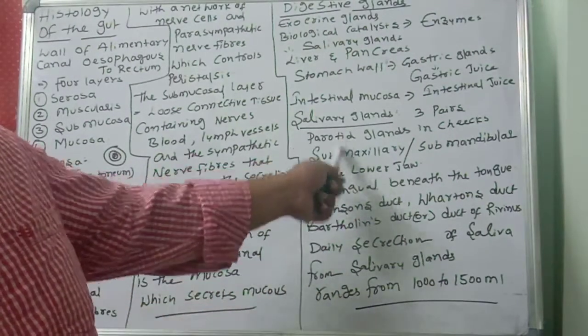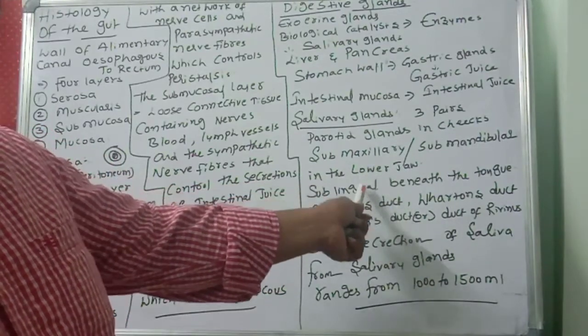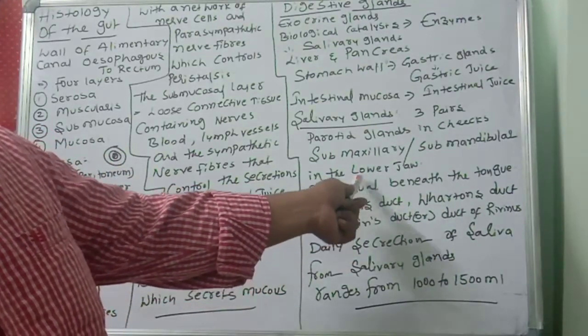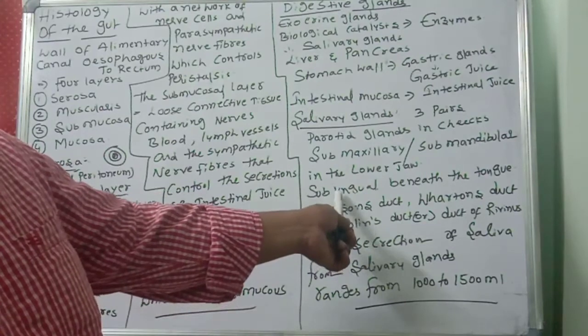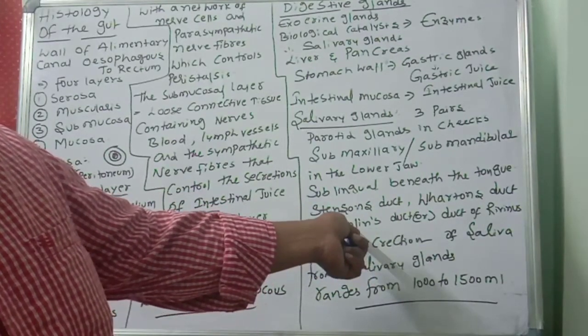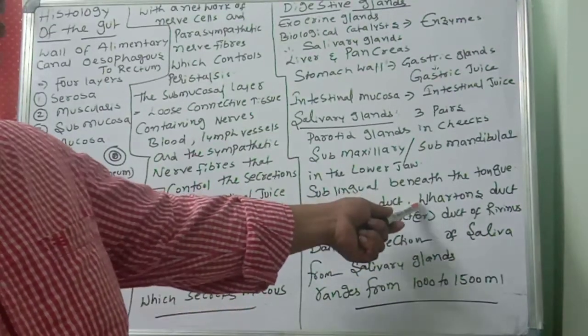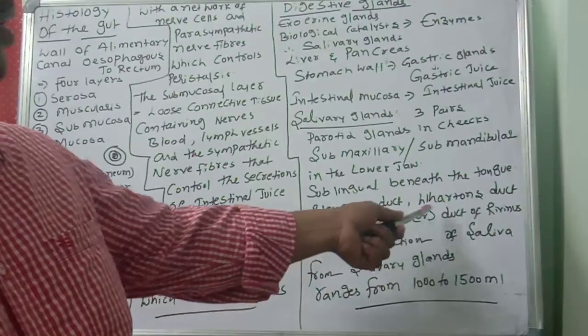So the parotid glands have Stenson's ducts, the submaxillary have Wharton's ducts, and another important one, the sublingual, has Bartholin's duct or duct of Rivinus. What are these? Stenson's duct, Wharton's duct, Bartholin's duct or duct of Rivinus.